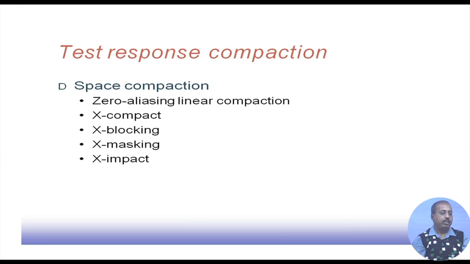If I have, say, 2 faulty responses, then those 2 faulty responses should give rise to 2 different signatures. In that case I will have a zero aliasing linear compaction. Then there are certain other strategies like XCompact, XBlocking, masking, XImpact, etc., that are used for this compaction process.